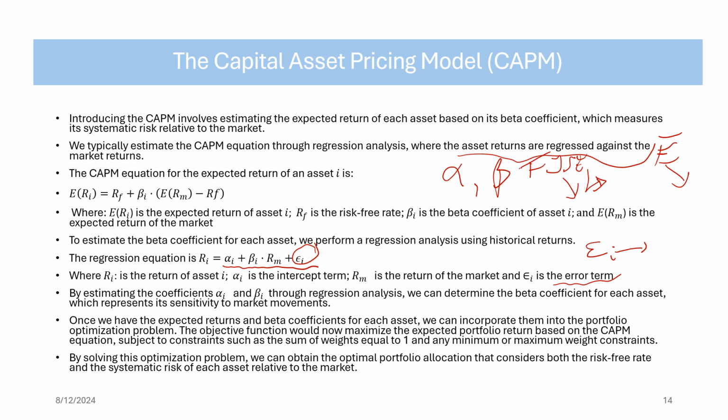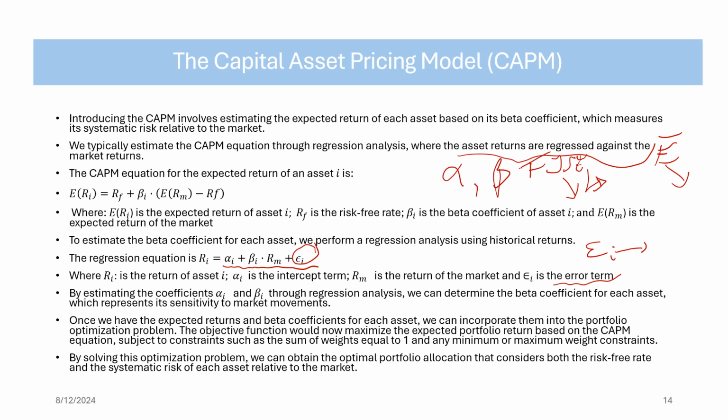So these coefficients play an important role from now on, because they help us with something like a beta to represent the sensitivity to the market movement itself.